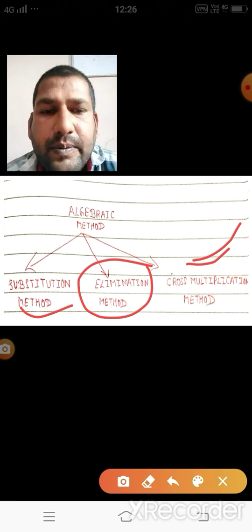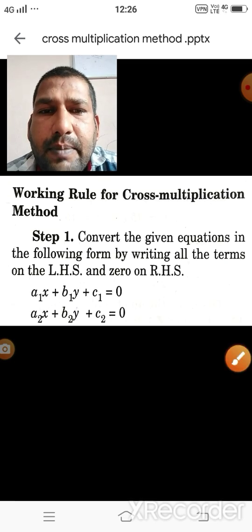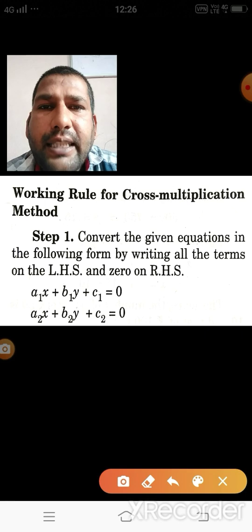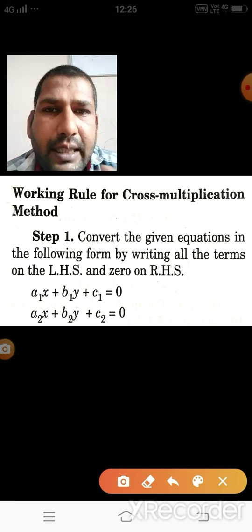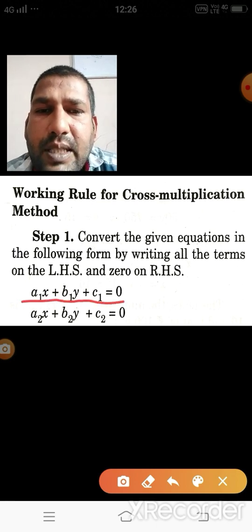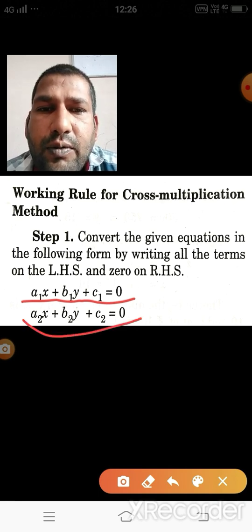In this method, first of all, we have to rewrite the equations. We have to rewrite the given equations in the form a1x plus b1y plus c1 equals 0, and the other one also equal to 0.